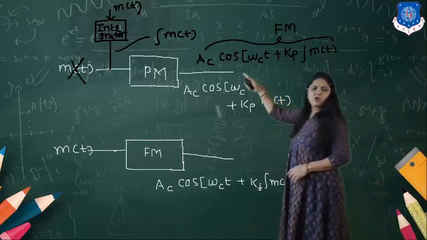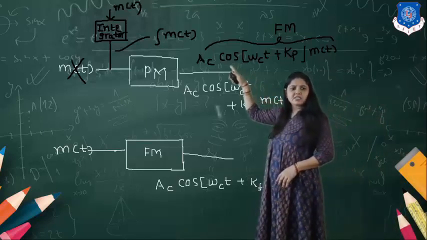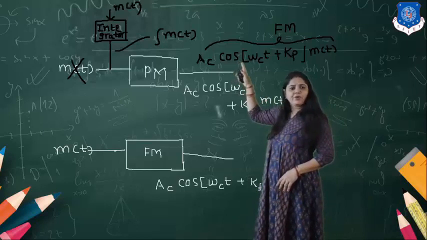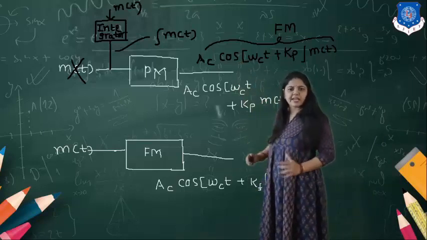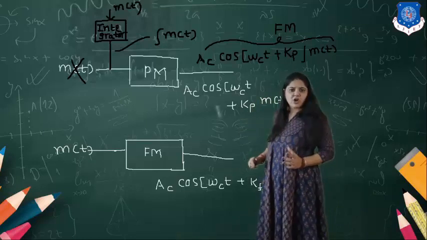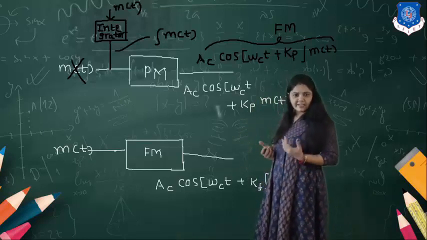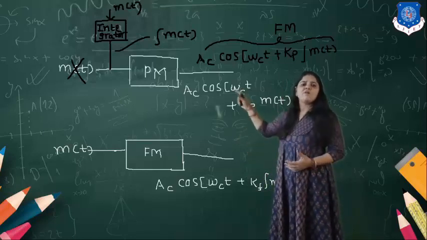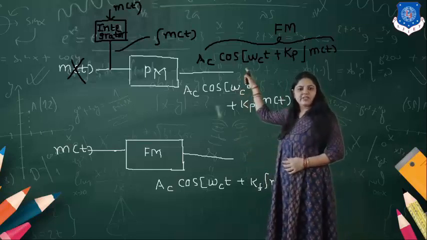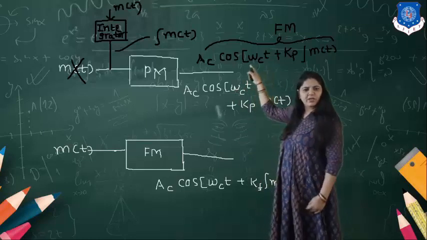Now you can see over here there is an integrator, and m(t) is given as input to the integrator. The output of the integrator is the integration of m(t). That integrated modulating signal is given to the phase modulator. So what is the output of the phase modulator now?